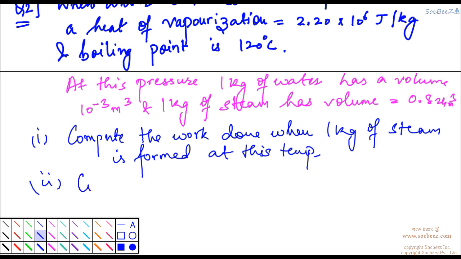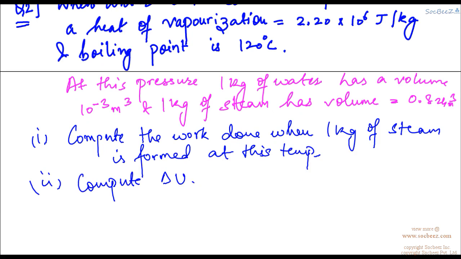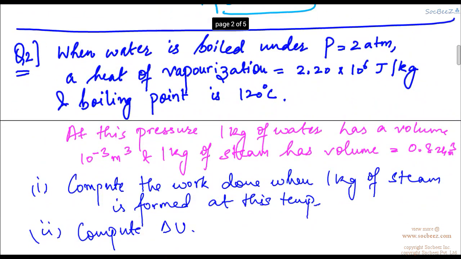The second thing you are required to find is to compute the delta U, the change in the internal energy. So let's first understand what the question says. It says that water is going through a process of boiling. A pressure of 2 atm is present on the water, and a heat of vaporization is this much.